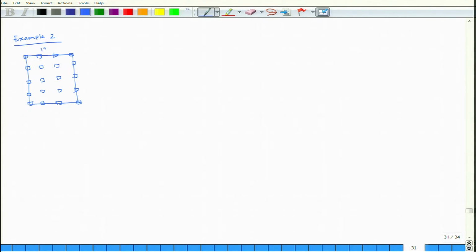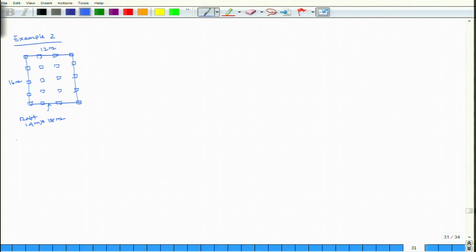This part is your 12 meter, this is your 16 meter, and raft is your 14 meter by 18 meter. Raft is 14 meter by 18 meter because here 12, this side will be 1 meter, this side will be 1 meter, that is why it is 14. Here 16, this side will be 1, this side will be 1, that is why it is 18.